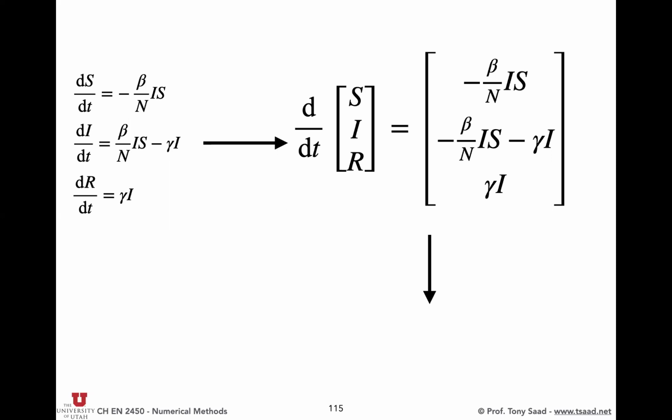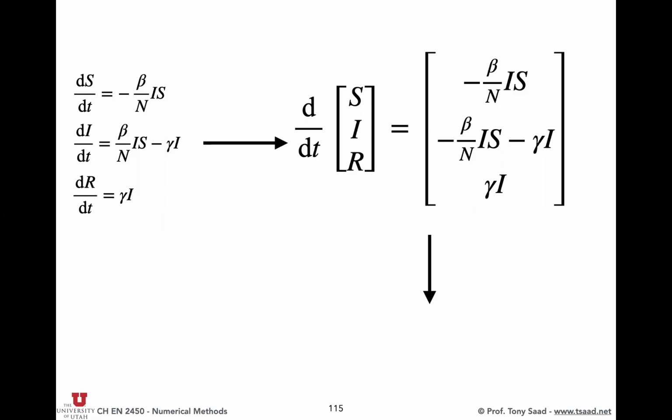So like we discussed last time, we like to write systems of equations in vector and matrix form as needed. And this is no different. Over here, if you organize the dependent variables, in this case S, I, and R, into a vector, and the right-hand sides into right-hand side 0, 1, and 2, you can write this in vector form, right?